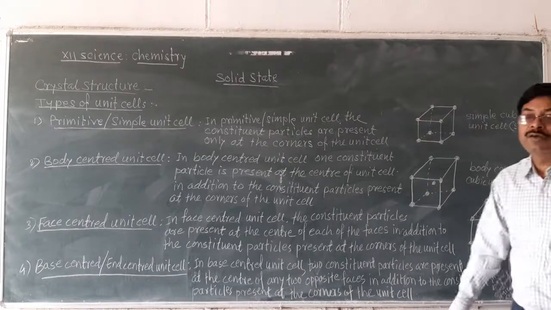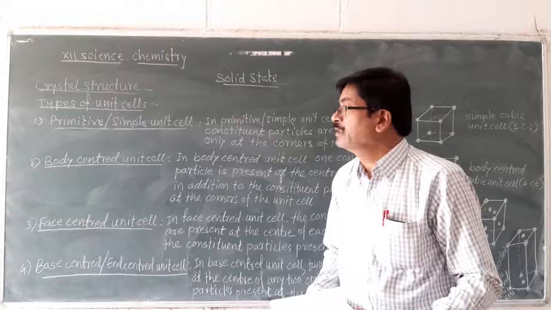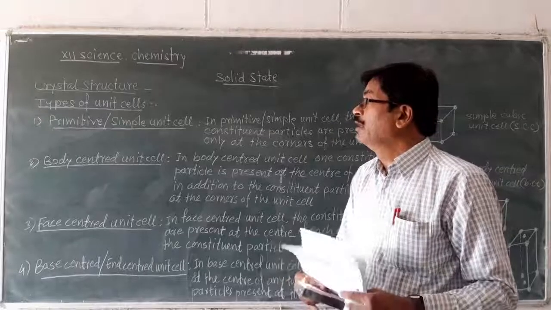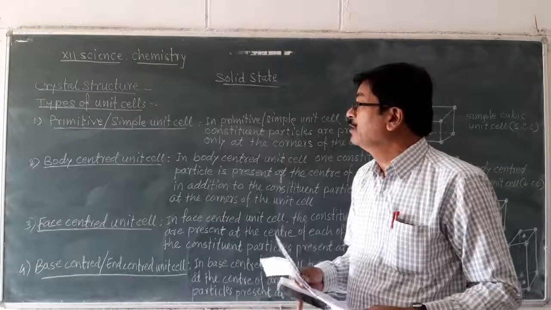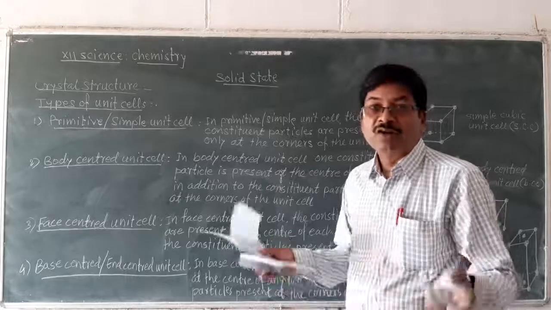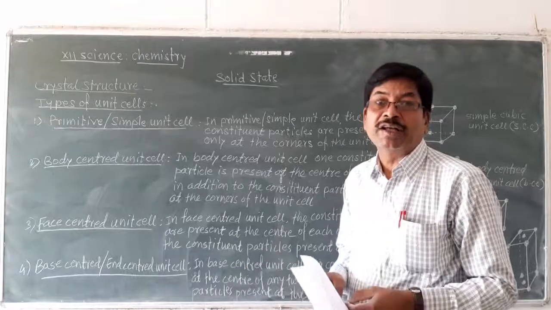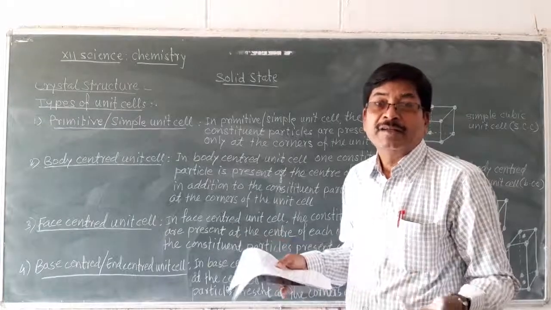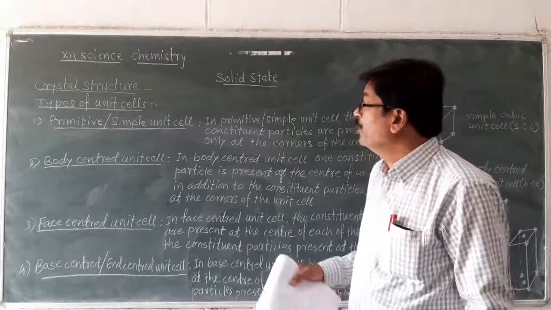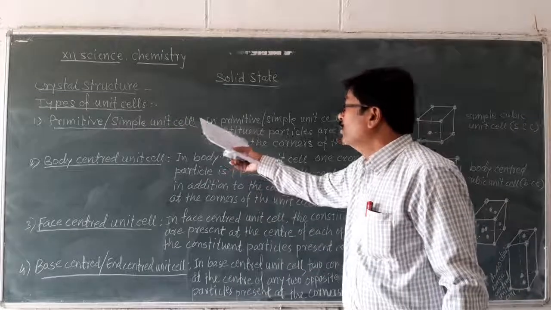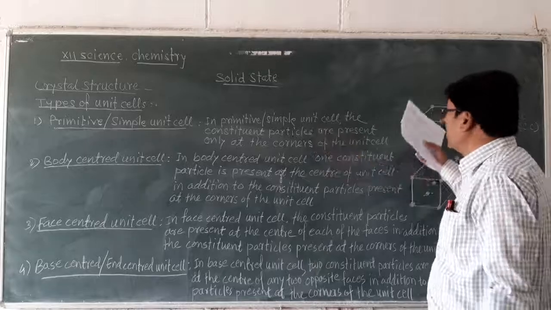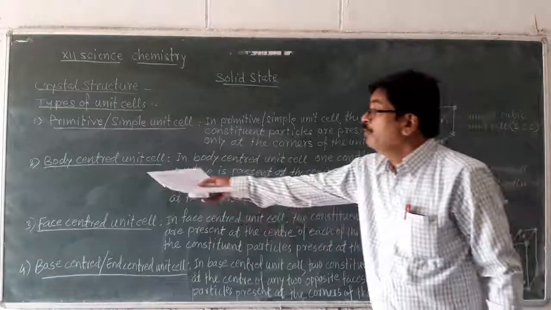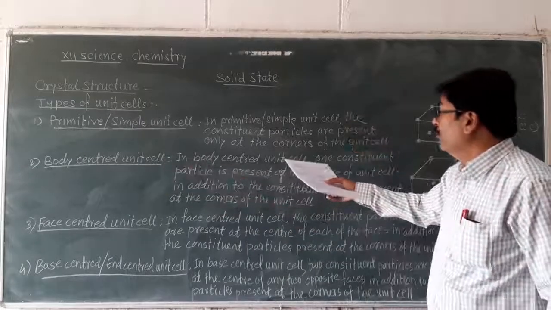In this way, there are four types of unit cells depending upon arrangement of constituent particles at the corners, at the center of the unit cell, or at the faces. There are four types: primitive or simple, in which constituent particles are present only at the corners of the unit cell. Body centered unit cell.